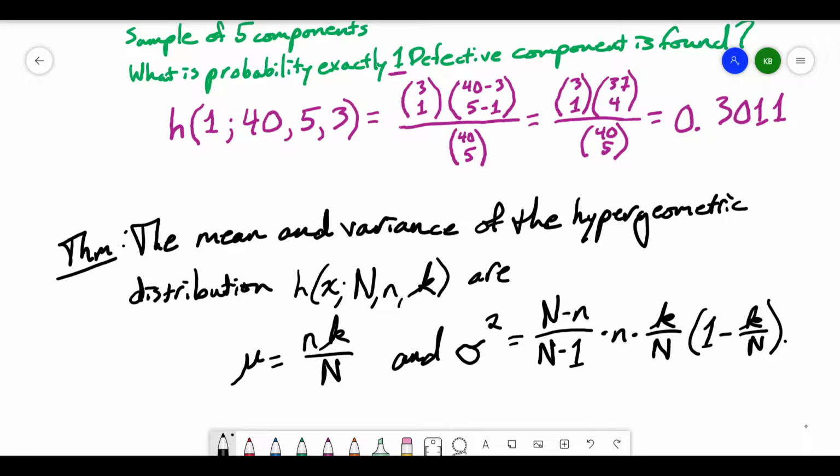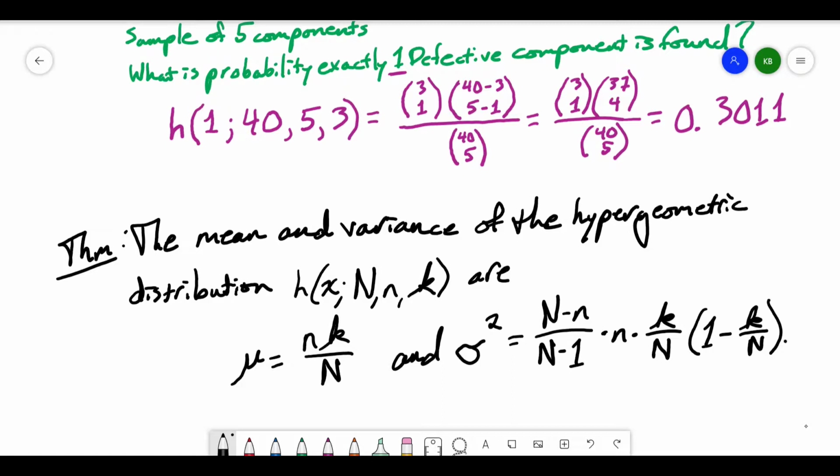So I'm going to take my capital N value, subtract lowercase n from it, divide that by the difference of capital N and 1, and then with that quotient, I'm going to multiply it by lowercase n, and then finally by k divided by capital N, times the quantity 1 minus k divided by capital N. So my variance is more involved. My mean is fairly straightforward.